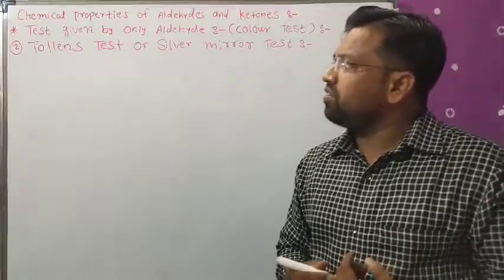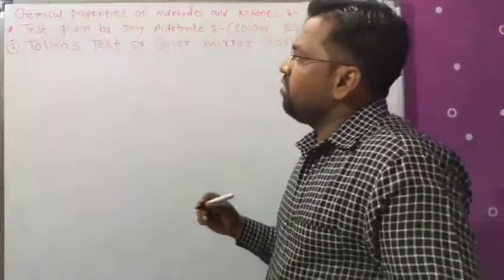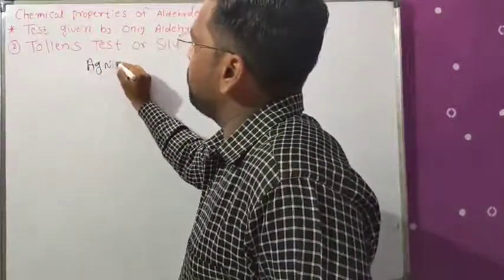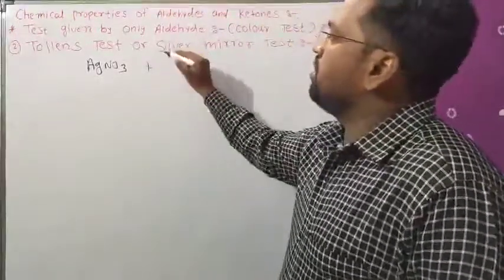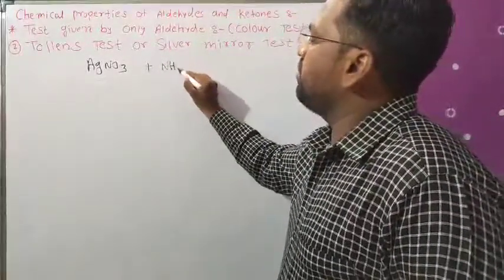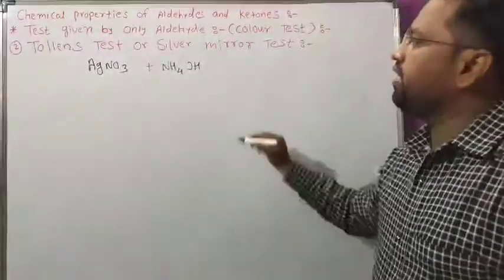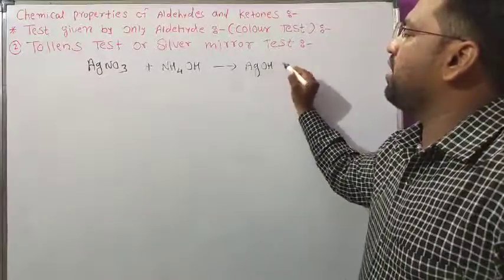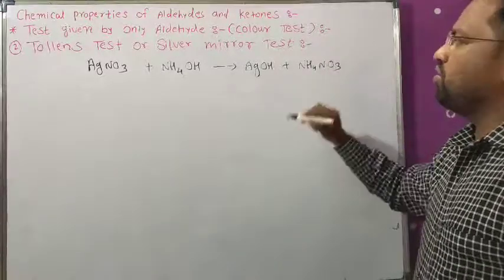Now see here, firstly we see the preparation of Tollens reagent. When silver nitrate, that is AgNO3, reacts with ammonium hydroxide NH4OH, it firstly gives the compound silver hydroxide plus ammonium nitrate NH4NO3.